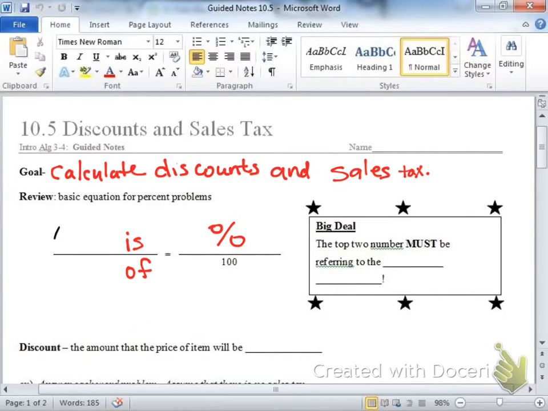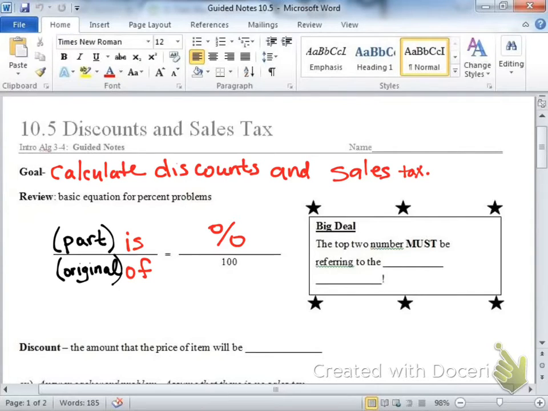Today I'm going to change it just a tiny bit. You can also think of it as part over original. The original price is always going to go on the bottom of the first ratio. Okay? And then here's a big idea.